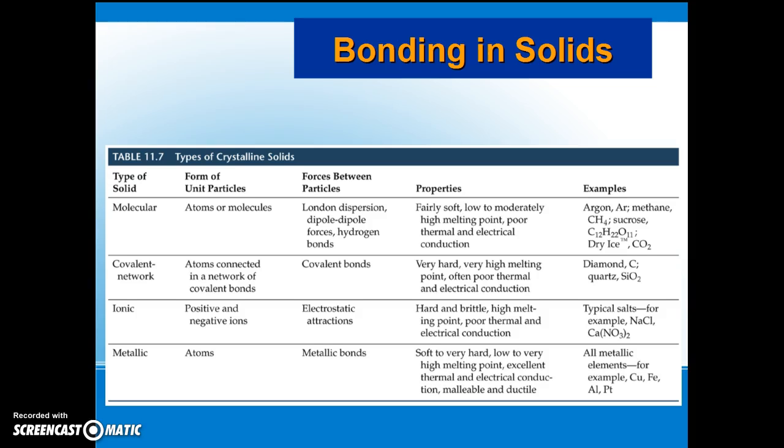In the ionic, we will see that positive and negative ions are attracting each other electrostatically. And in the metallic, we'll see something called a metallic bond, which really is a kind of diffuse bonding between electrons that are very highly mobile and the nuclei of the metals that they are immersed in.